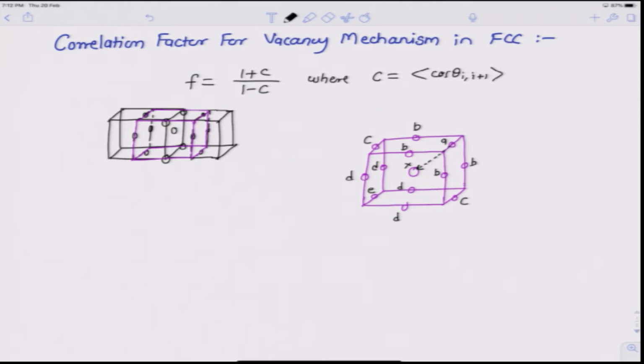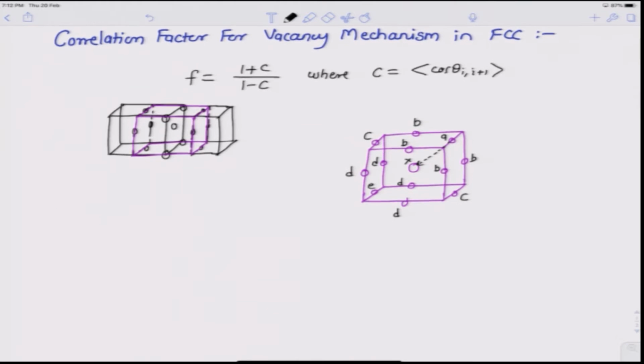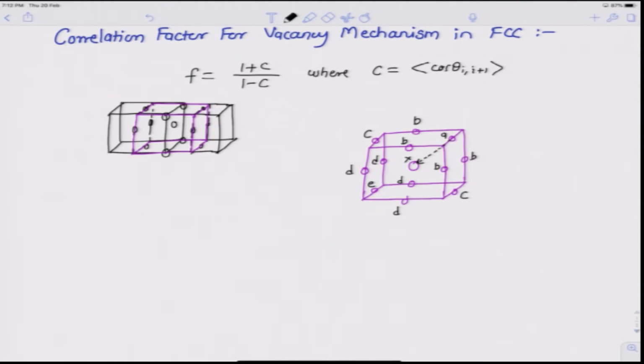So, when we are tracking an atom and its jump, we are calling it a tagged atom. The first jump of the tagged atom is, let us say, from A to X. Now our tagged atom is at position X and the vacancy has gone to position A.